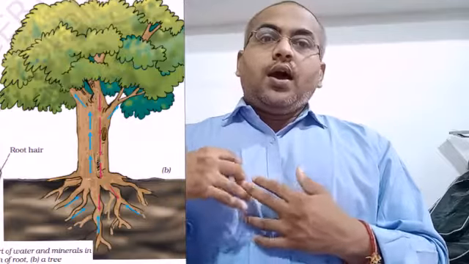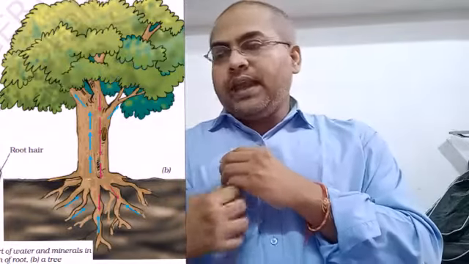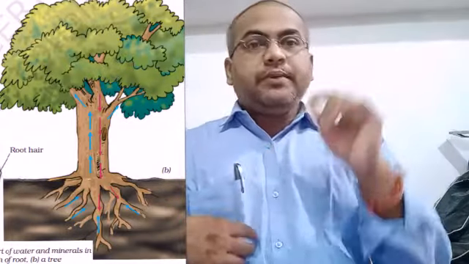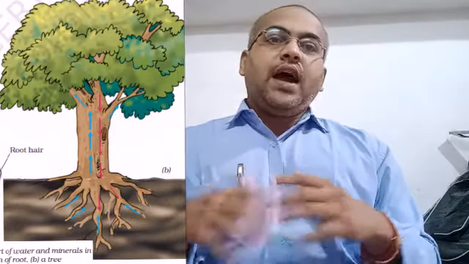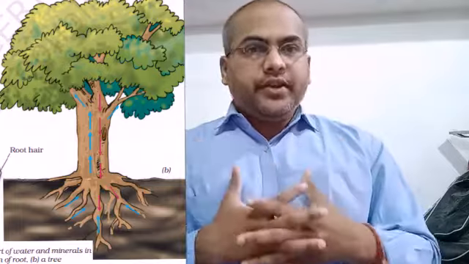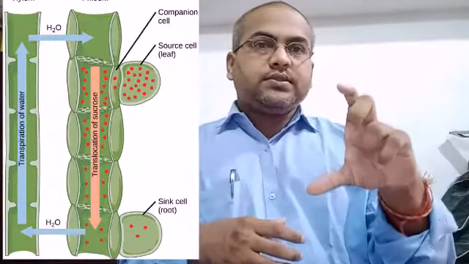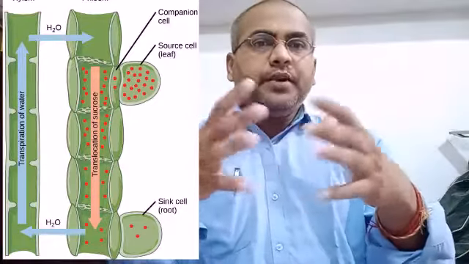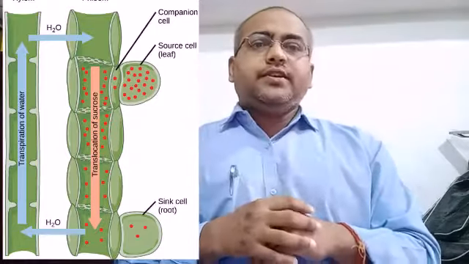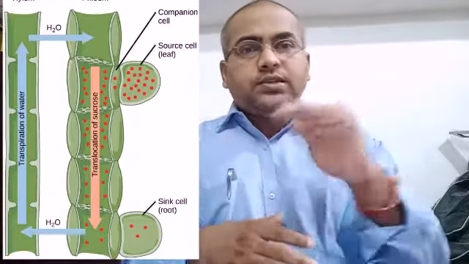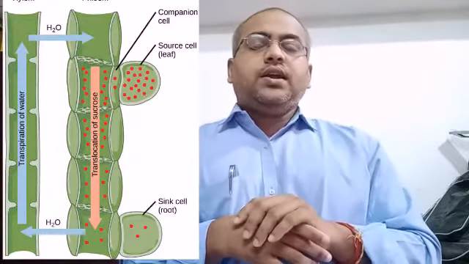Now we are going to perform an activity, activity 11.3, and by this activity we will understand how this transportation is done. We need a glass, a little bigger glass, that is a tumbler. Fill it one third.